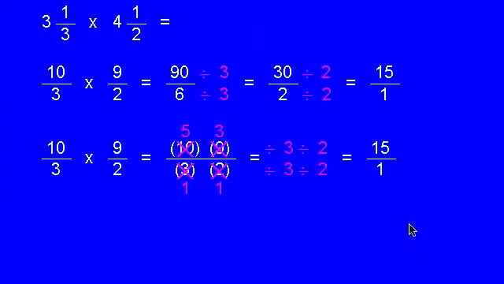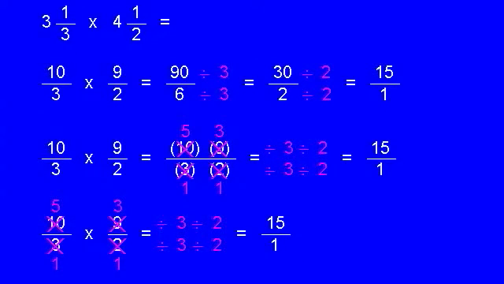Well, if we can simplify there, we can simplify it at this step, because the numerator is 10 times 9, the denominator is 3 times 2. So as long as we divide top and bottom by the same number in pairs. So dividing top and bottom by 3, we get 3 into 3 once, 3 into 9 3 times. Then dividing top and bottom by 2 again, 2 goes into 2 once, into 10 5 times.